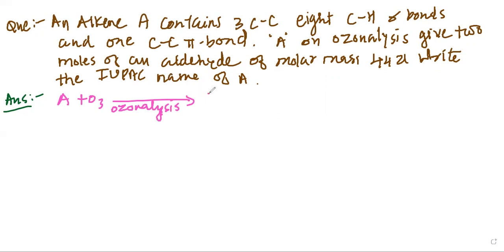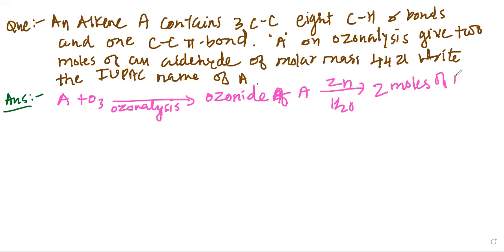First we get the ozonide of A, and then from the reaction with zinc and H2O, we get 2 moles of aldehyde with molar mass 44 u. So this is what happens.